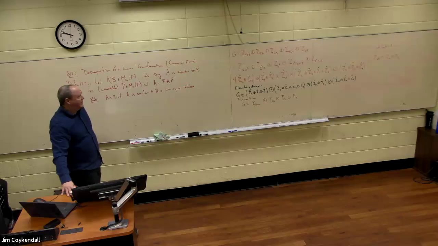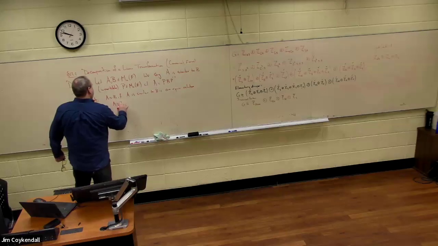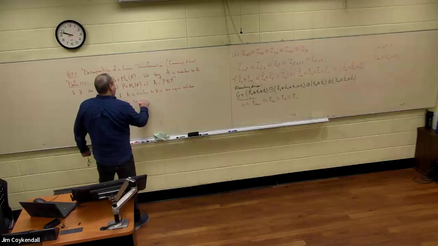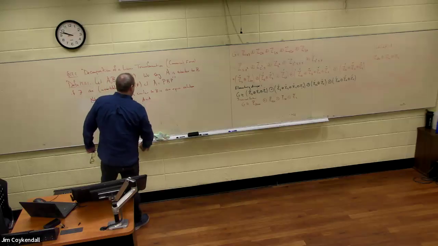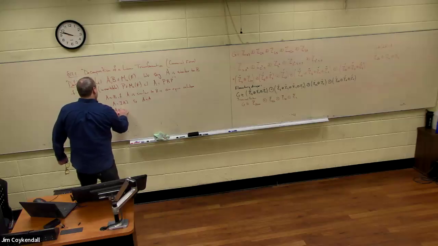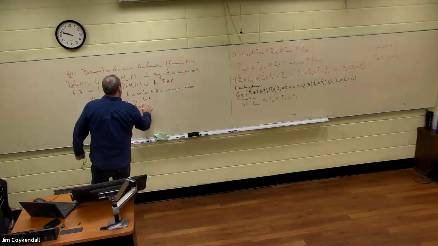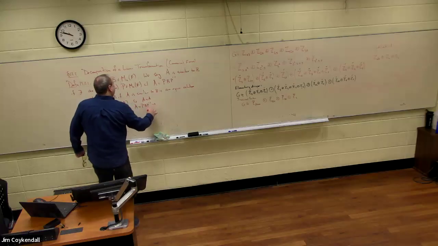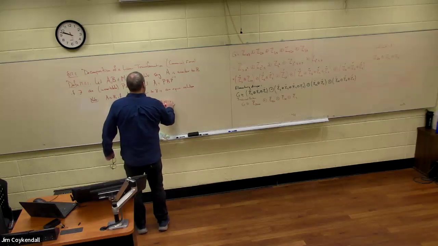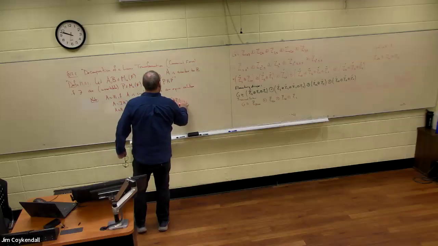I don't know if they do or not, but certainly it's true because A equals the identity times A times the identity, so A is similar to A. If A is similar to B, then A equals PBP inverse, which implies that B equals P inverse AP.